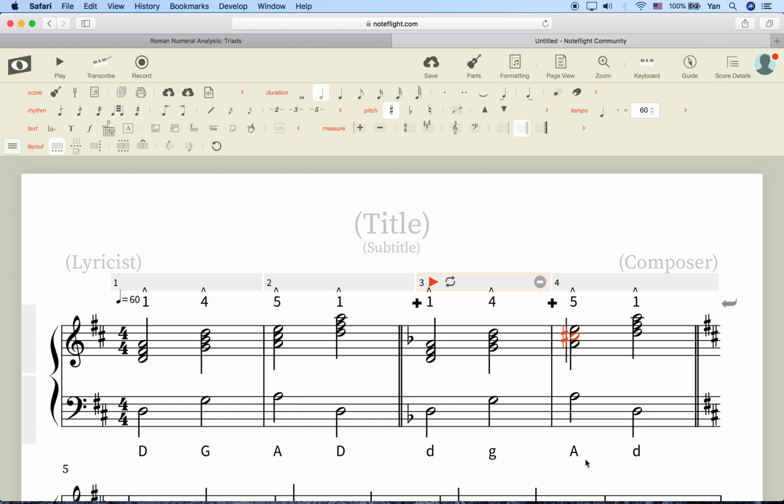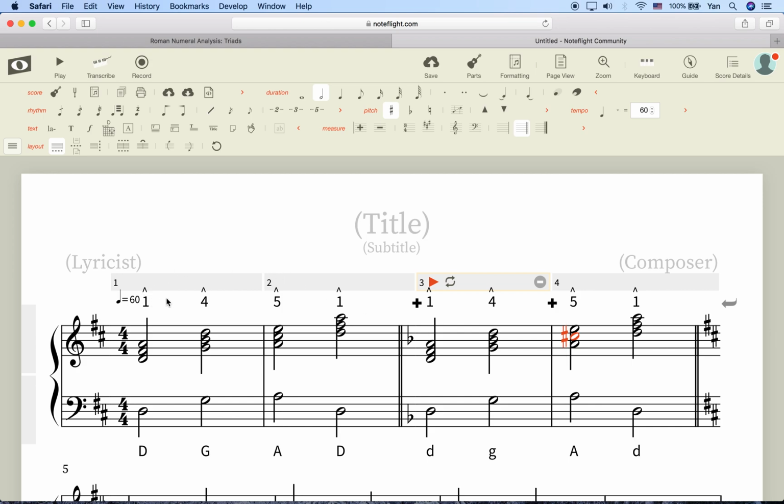Normally, if we were following the strict diatonic triads of natural minor, this would have been A minor, but I've turned it to A major, and I wrote that in A uppercase. And then finally it resolves down to D minor again, the tonic.